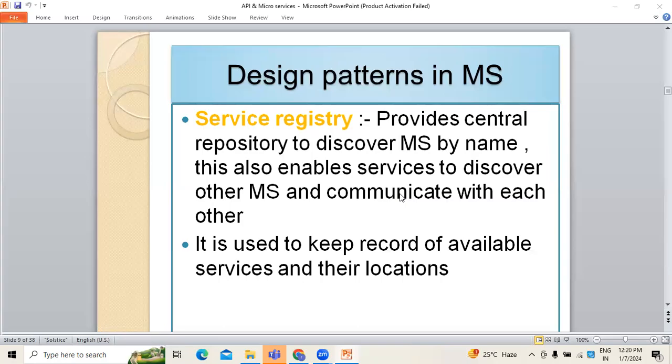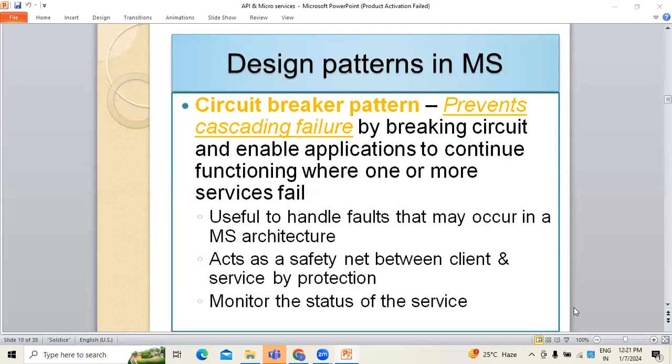So this is the first one, which is called service registry, wherein the second one is called circuit breaking.